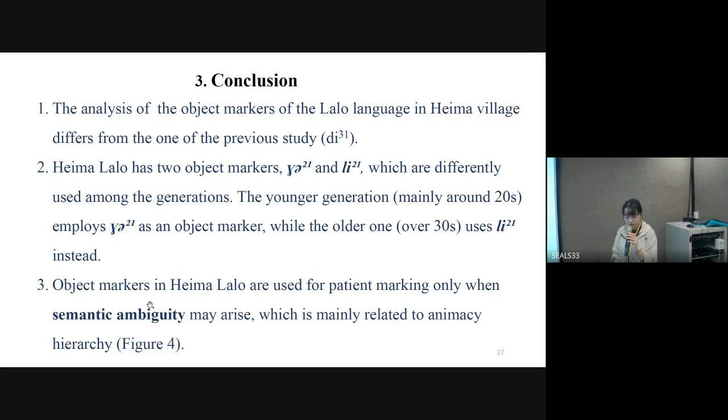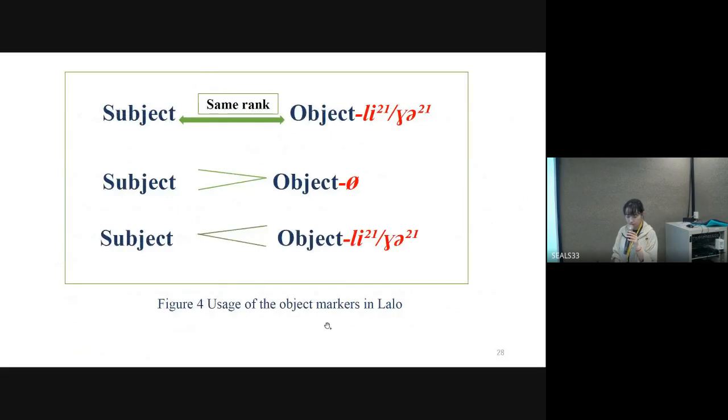And the object markers in Heima are used for patient marking when semantic ambiguity may arise, which is mainly related to animacy hierarchy. Three shows the usage of the object marks: if the agent and subject and object are at the same rank, the object needs to be marked.